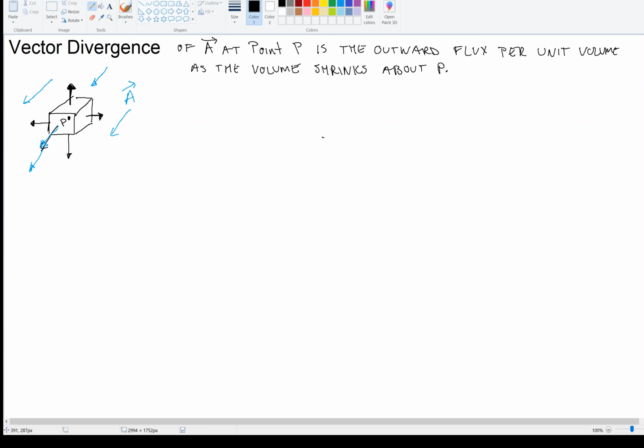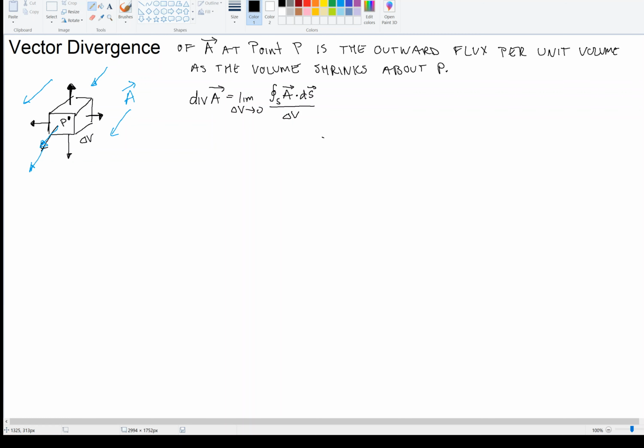Mathematically, we can write down what we just wrote in English. The divergence of A equals the limit as delta V goes to 0, where here's my delta V, of the closed surface integral of A dot dS, divided by delta V. The integral of A dot dS is the flux, which we talked about before, and then I normalize it per unit volume.